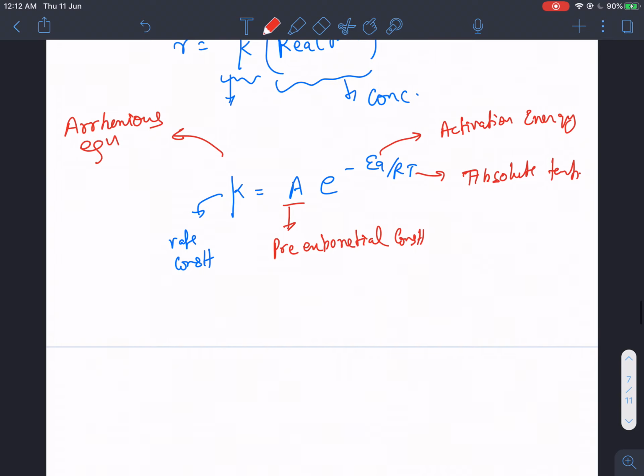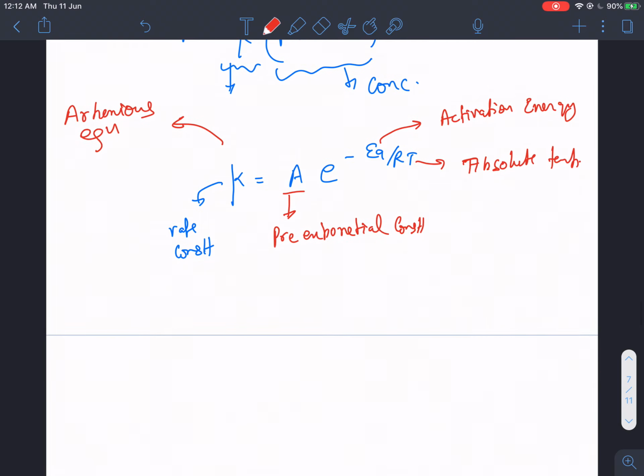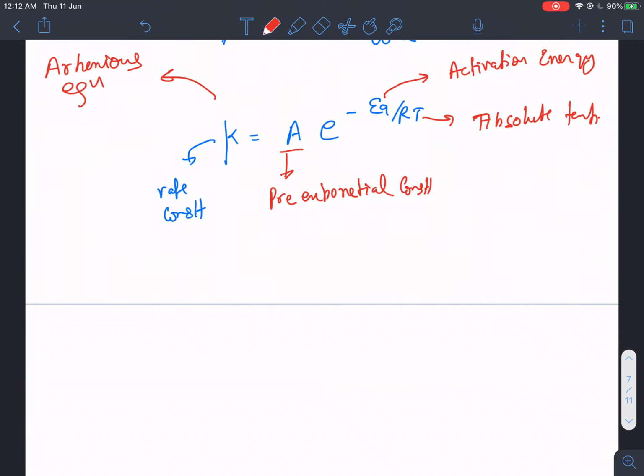Okay, be a little careful about my spelling. So this whole thing is known as the Arrhenius equation. Right. Now let's talk about it one by one. Before that, I would like to give you a logarithmic expression of this one. Okay.